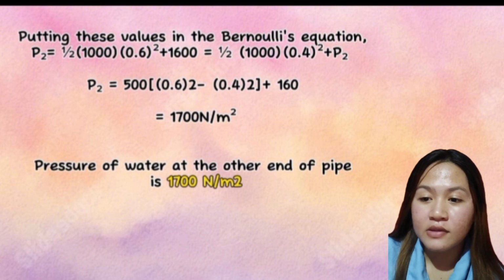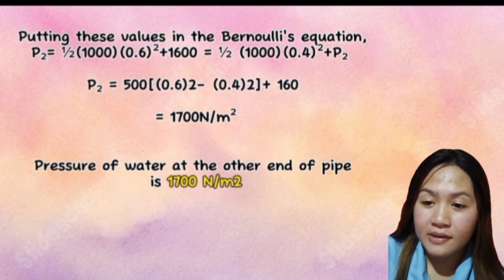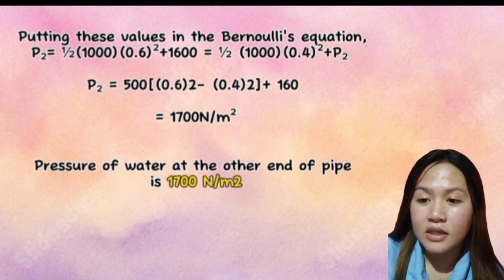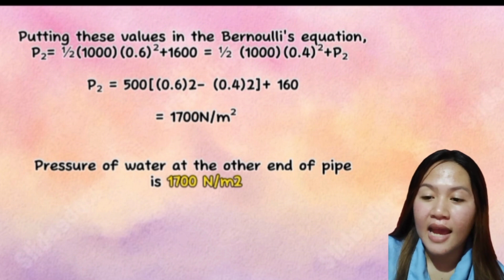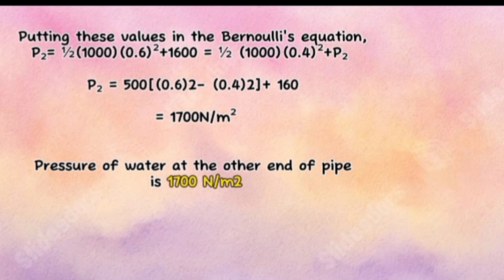So P2 is equal to 500 times 0.6 squared minus 0.4 squared plus 160. The answer is 1,700 Newton per meter squared. So the pressure of water at the other end of the pipe is 1,700 Newton per meter squared.